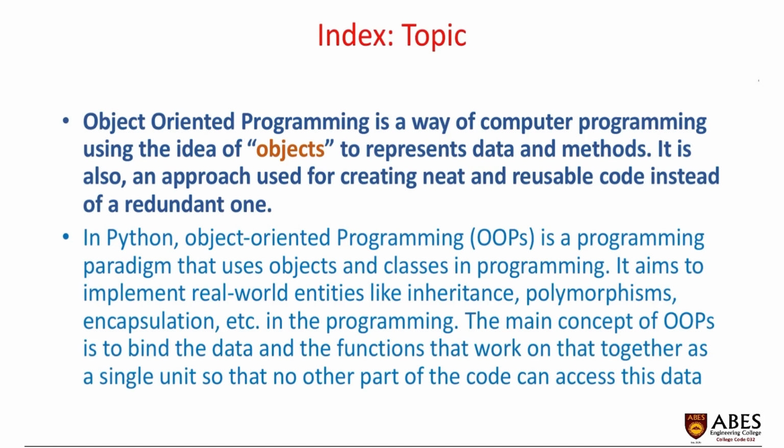The main concept of object-oriented programming is to bind the data and function that work well together as a single unit. We make a single unit in which the function and object are closed together, and they will access the code.